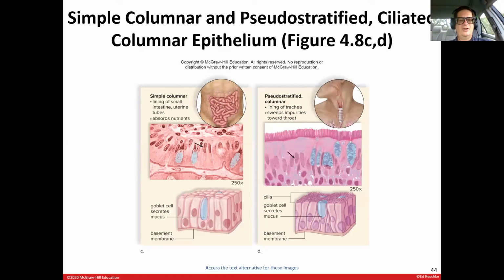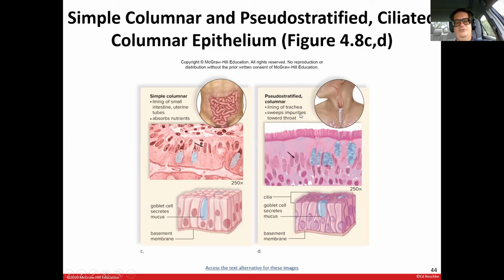All right, so simple columnar, lining the intestine. Yeah, that's good. Notice, even though they didn't say it, they should have said ciliated simple columnar. You can see the layer of little cilia hair right there. And lining of the trachea, pseudostratified columnar.